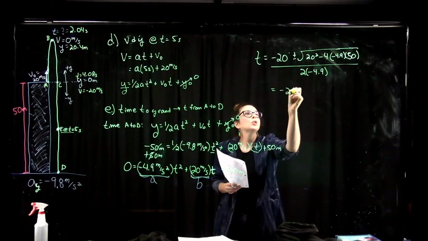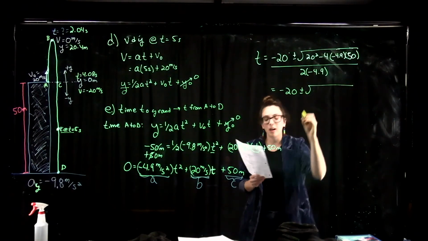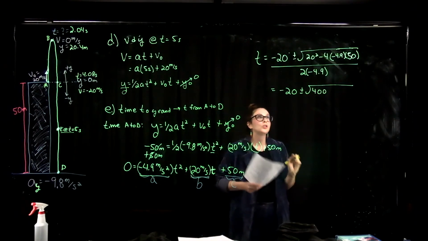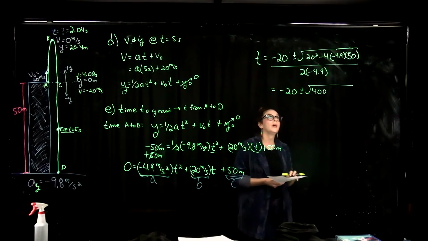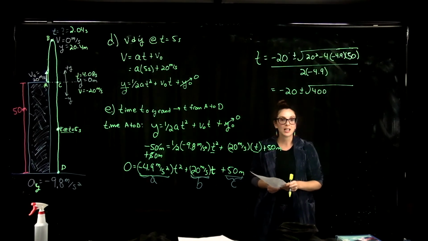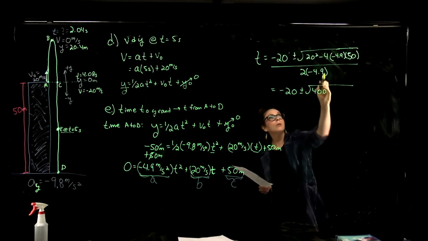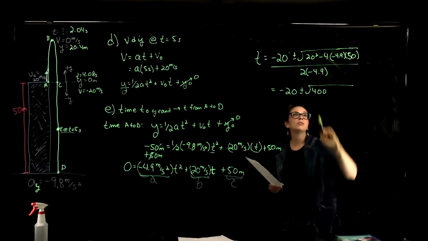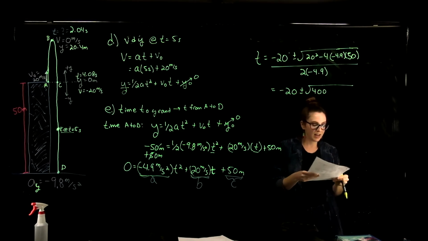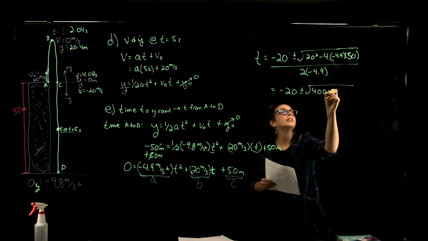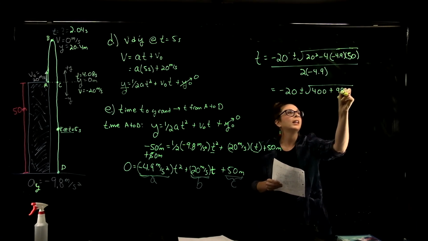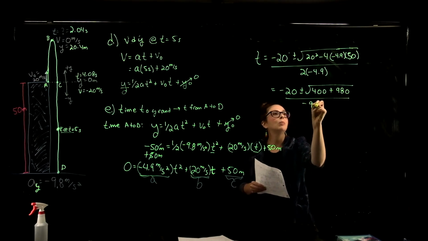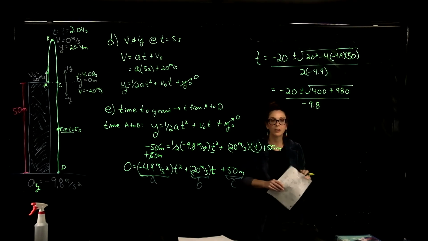Okay, minus 20 plus or minus the square root of 20 squared, which is 400. And then we've got minus 4 times minus 4.9 times 50. Okay, and so if we do this whole quantity right here, we take minus 4.9 times 50 and then multiply it by negative 4, we get that that whole quantity is plus 980. Okay, and we're dividing all of that by minus 9.8, which is 2 times minus 4.9.